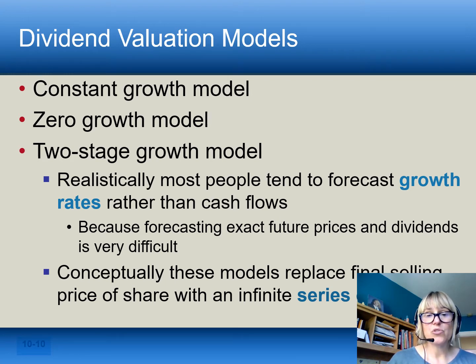And a two-stage growth model, where we use a combination of estimated actual dividends, coupled with a constant growth model at the end, a perpetuity calculation to say, from now until the end of time, we're expecting it to grow by X percent. That's a typical two-stage growth model, which we'll talk about as we get into those slides.